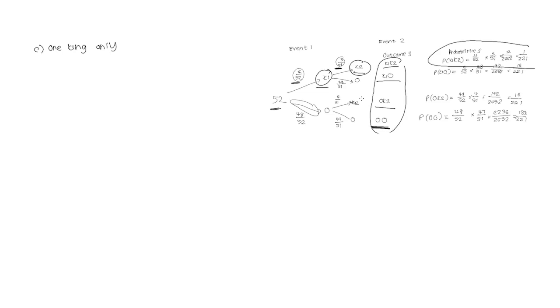If we go to the tree diagram, we see that the probability of drawing a king in either event 1 or event 2 is 16 over 221.